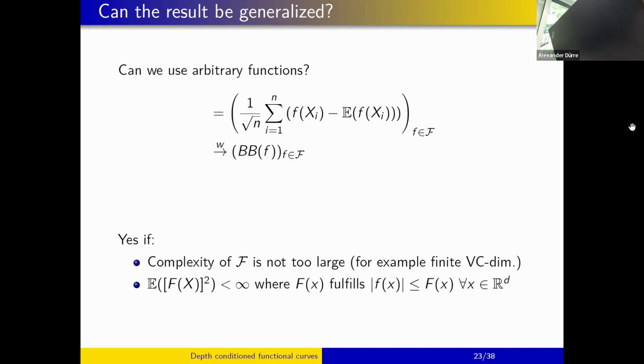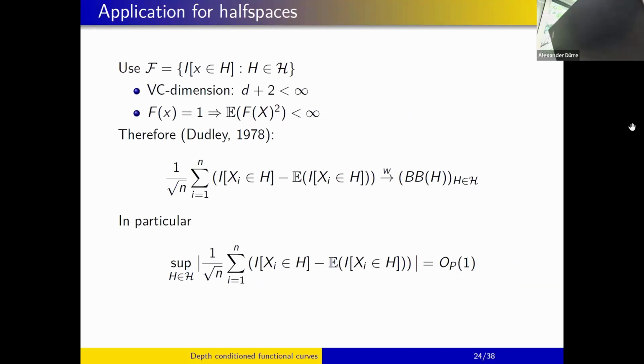So the Vapnik-Chervonenkis dimension is 1. And for our half spaces, we can shatter d plus 1 points. So the Vapnik-Chervonenkis dimension is d plus 2, which is in particular finite, which means that we can apply the theorem. So we apply the theorem for our half spaces, and this gives us our convergence speed of square root of n, which gives us our consistency.